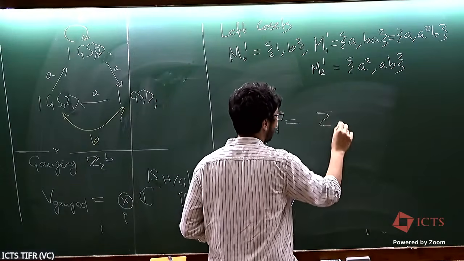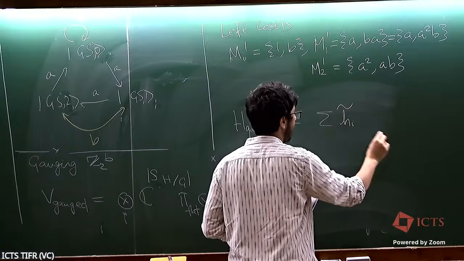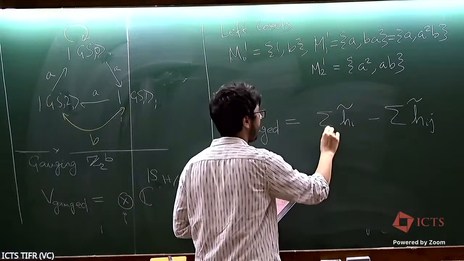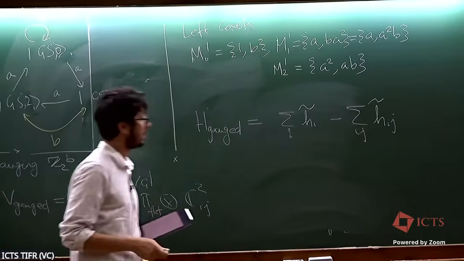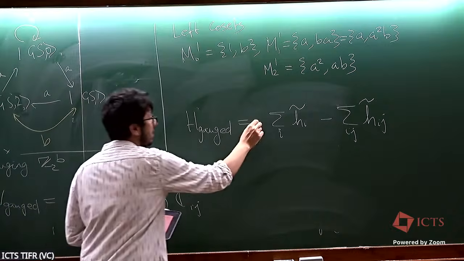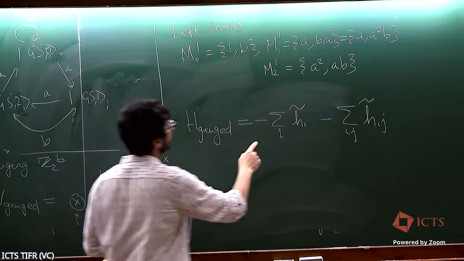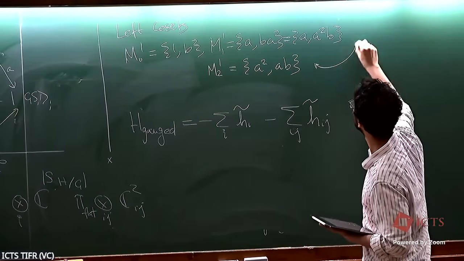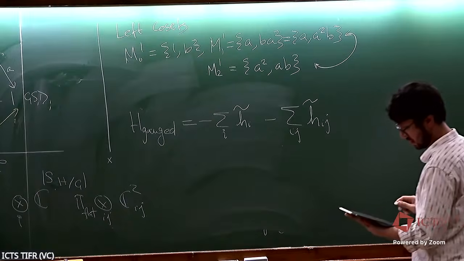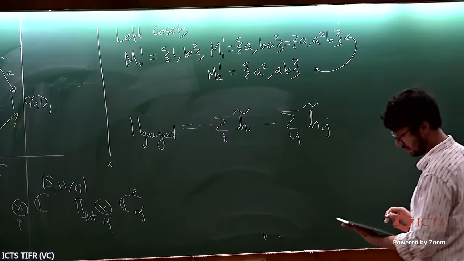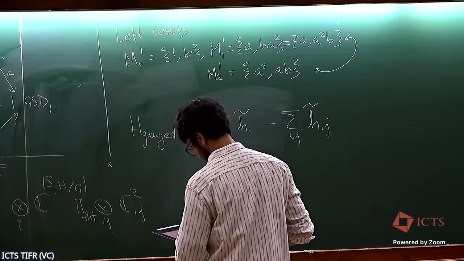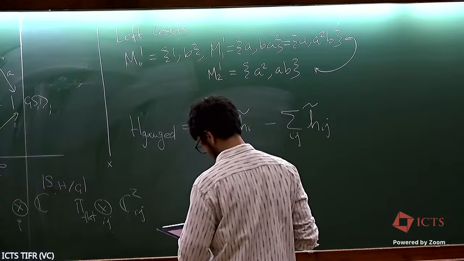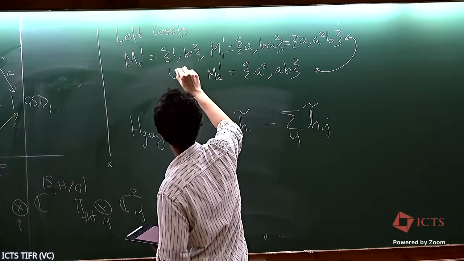So the right action with B swaps these two cosets. Meanwhile, it acts invariantly on this.